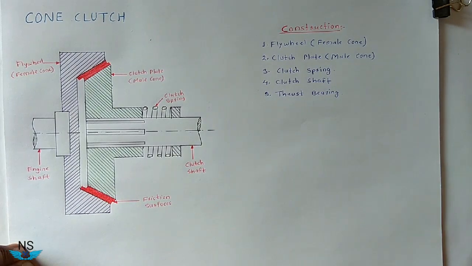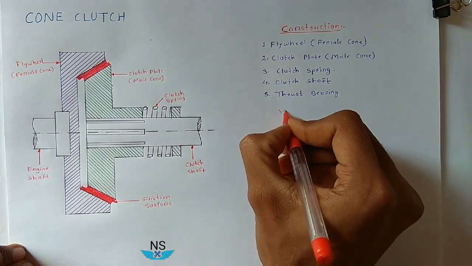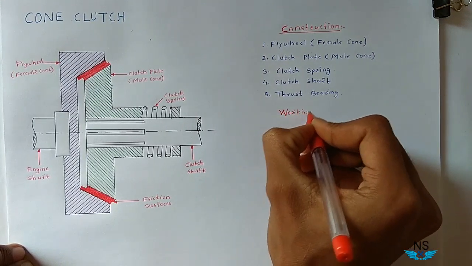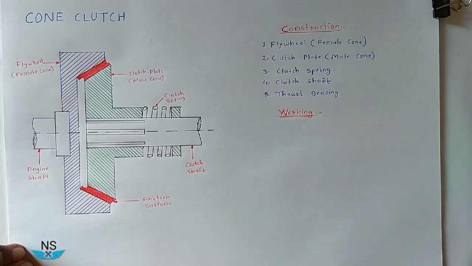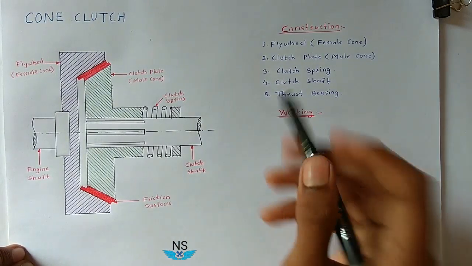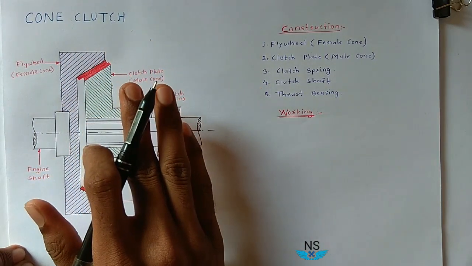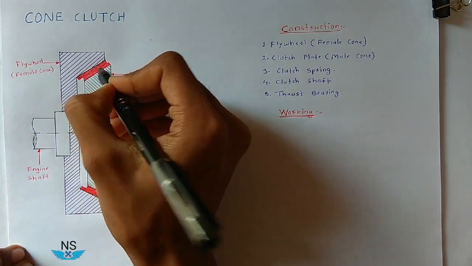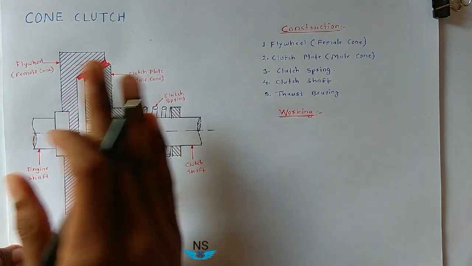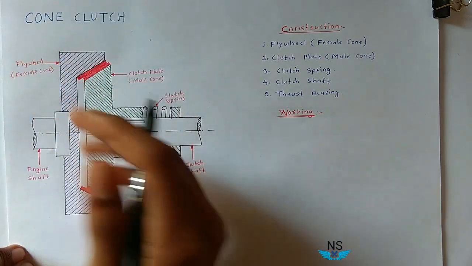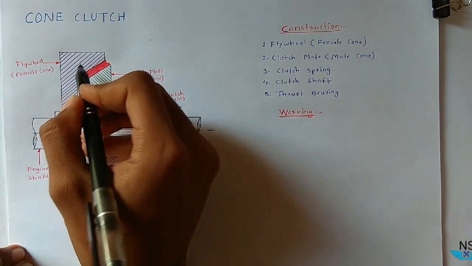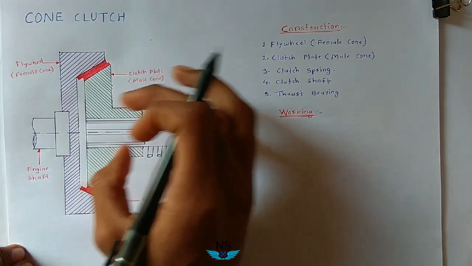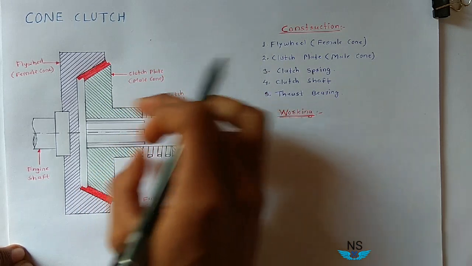Now let us see working of this cone clutch. It is very simple working. So this figure shows the cone clutch in engaged position because this friction material is engaged together. So male cone is fully pushed inside the female cone by means of the spring force.